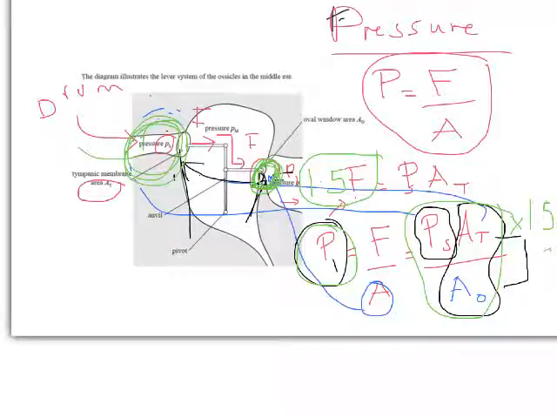So to sum up again, how do the ossicles work to transmit and magnify pressure?